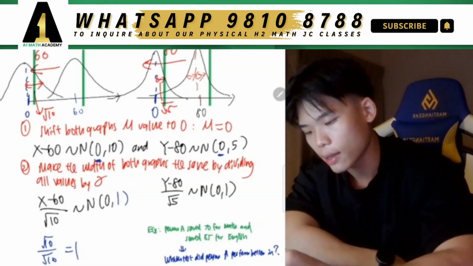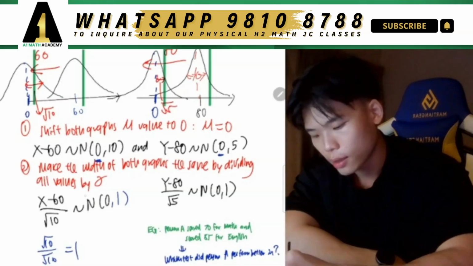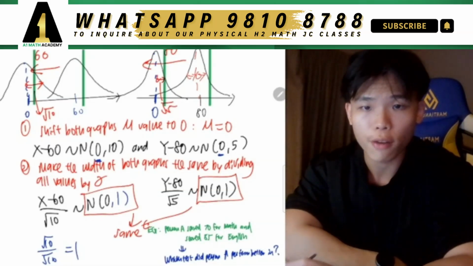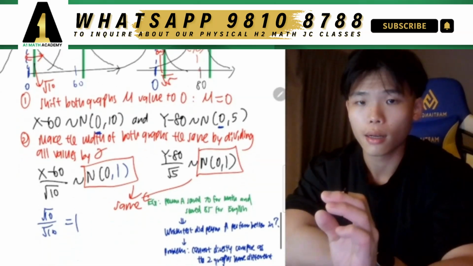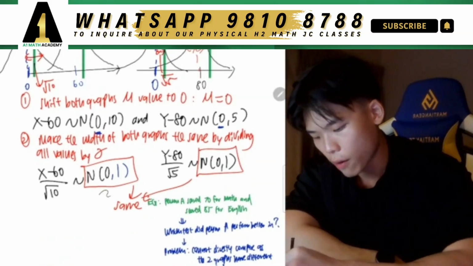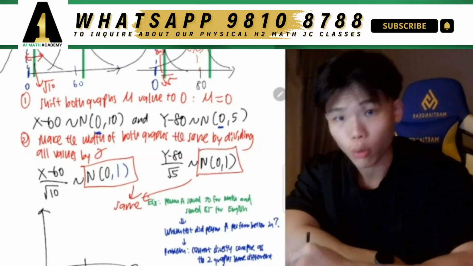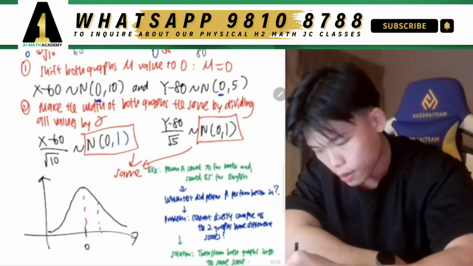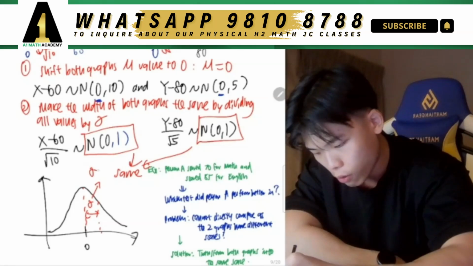So you can see that now we have done these two steps. These two graphs over here, they have the same parameters already. Both graphs now have the same mean and same variance, standard deviation, which means that this graph over here now hovers above 0. Okay, I'm just going to draw the 0 here, up, down, and the standard deviation here has a value of 1, right?